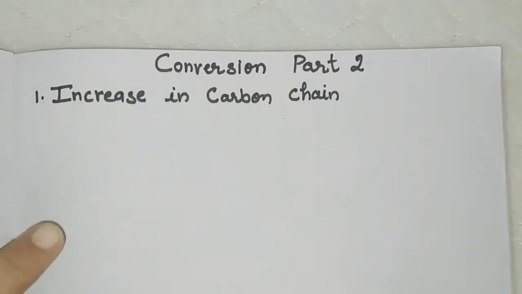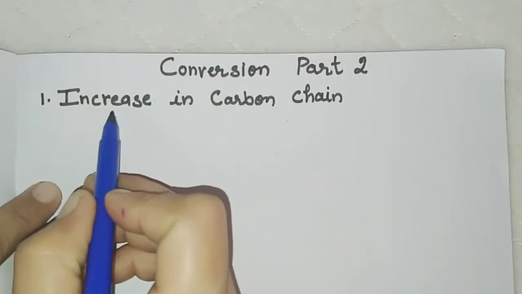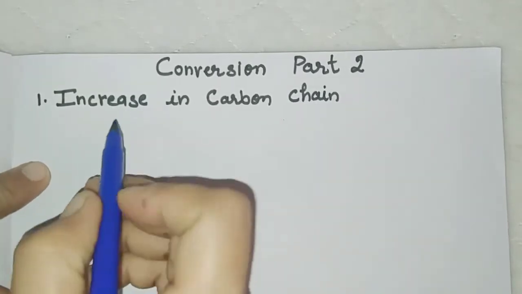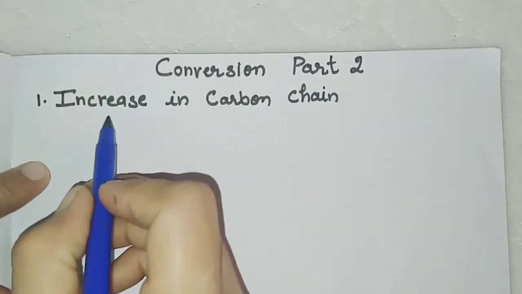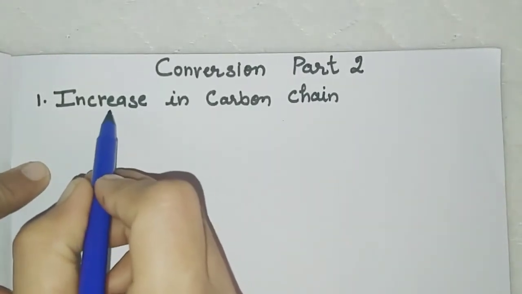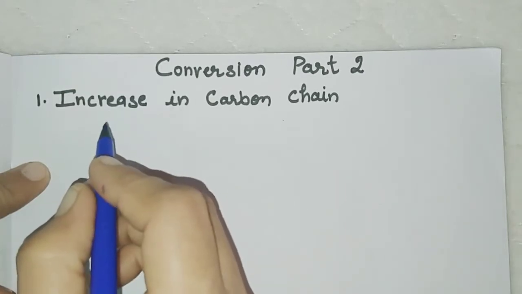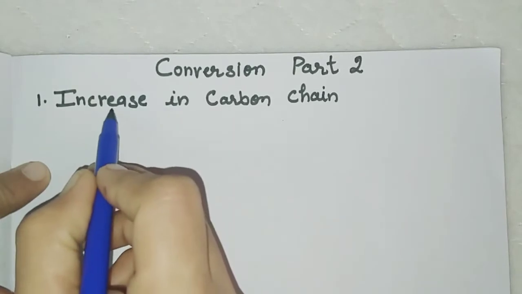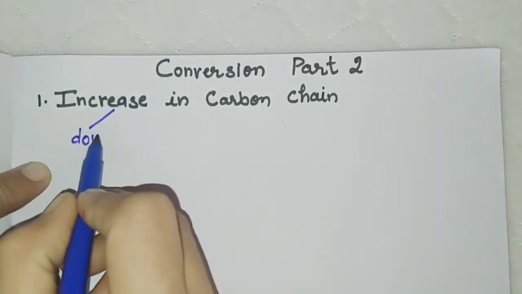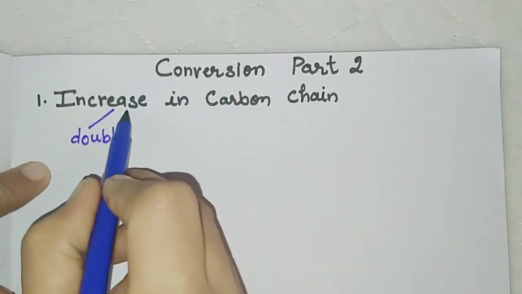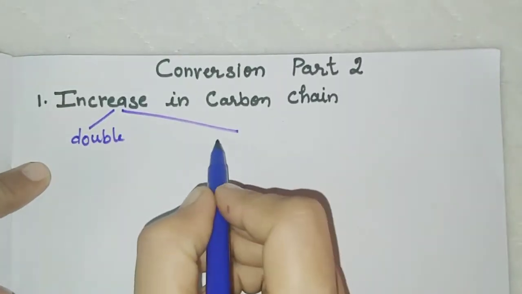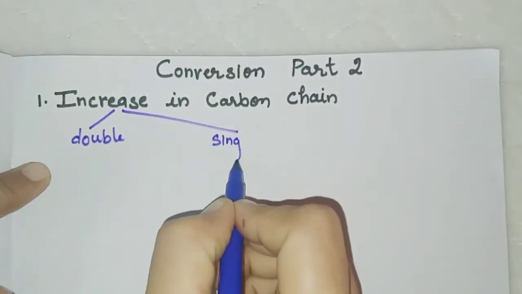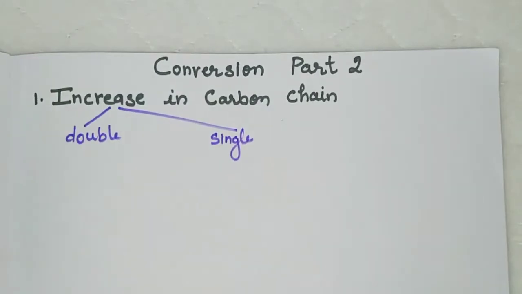Now suppose we are going to increase any carbon atom, this can be done in two ways. First, when it is asked just to double the parent chain, and sometimes when it is asked for just a single increase in carbon atom in any chain.